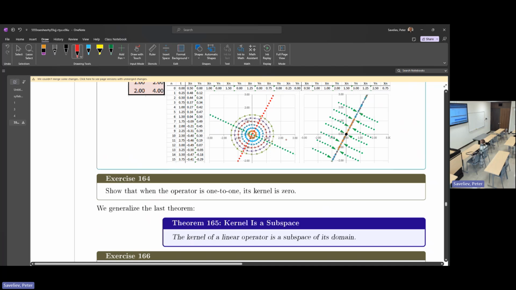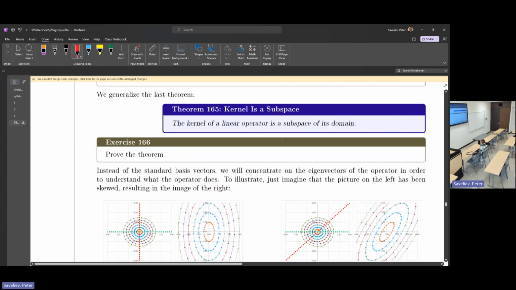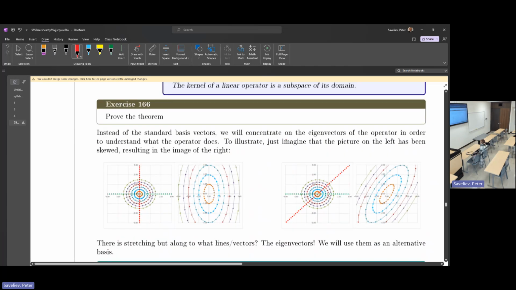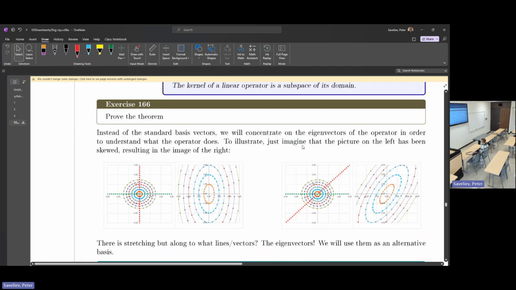So a subspace of the domain, as I said. Let's forget about the projections for a moment and look at the non-uniform stretches. The trivial, simple situation of stretches along the axes is on the left, and this is the generic.